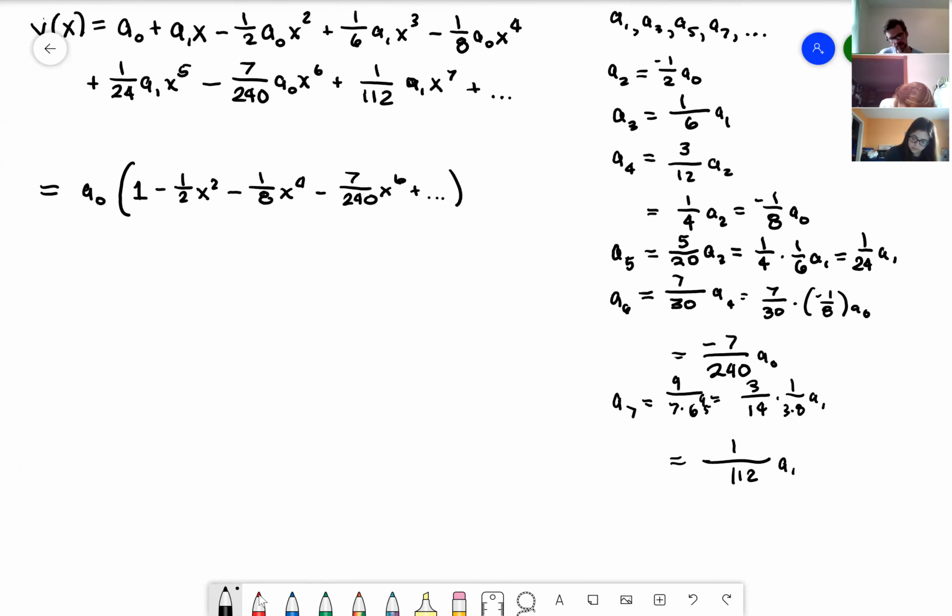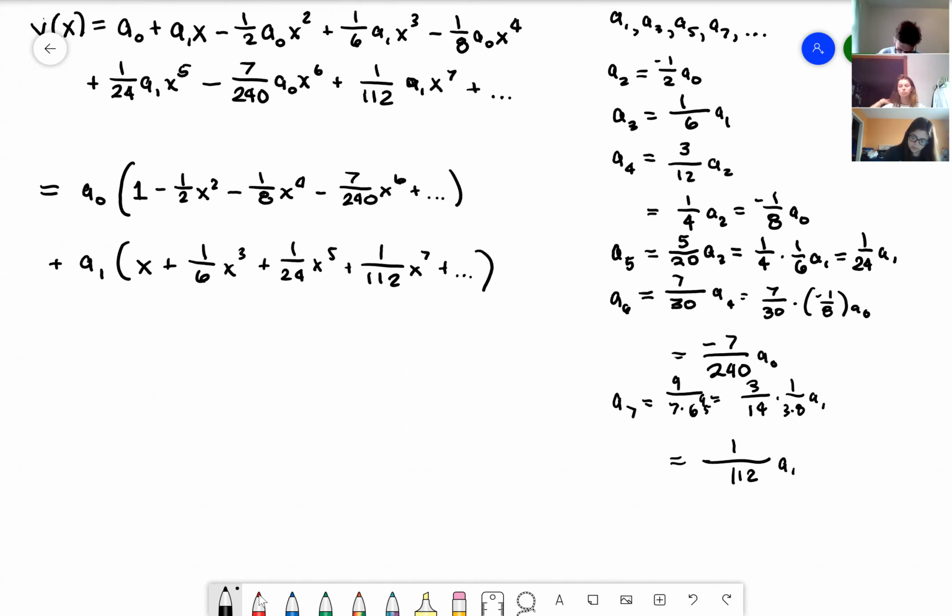And the other includes a1 times x plus 1/6 x cubed, 1 over 24 x to the fifth, plus 1 over 112 times x to the seventh, plus dot dot dot.